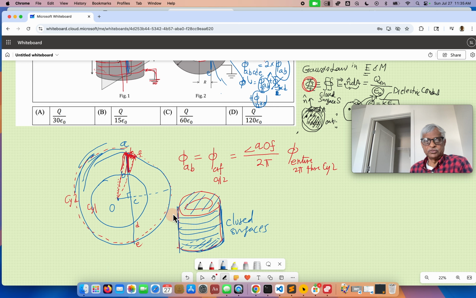and so this surface is made up of the top edge, the bottom edge, and then the sides.